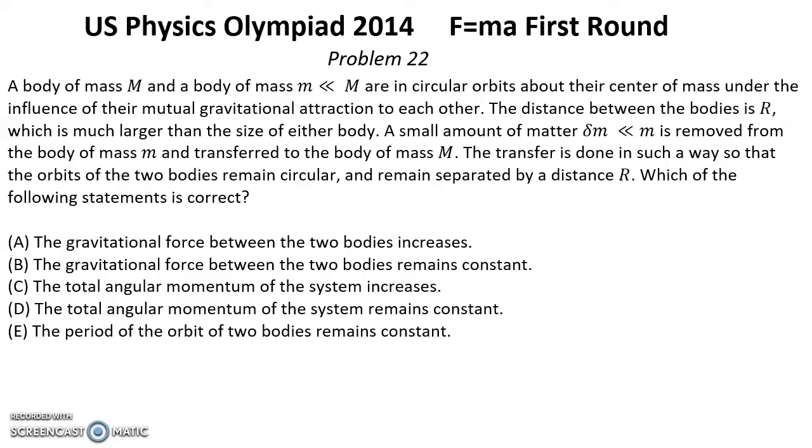A small amount of matter delta m, much less than small m, is removed from the body of mass small m and transferred to the body of mass big M. The transfer is done in such a way that the orbits of the two bodies remain circular and remain separated by distance r. Which of the following statements is correct?